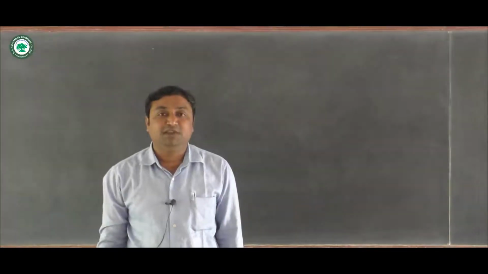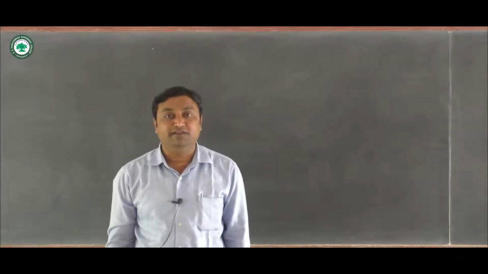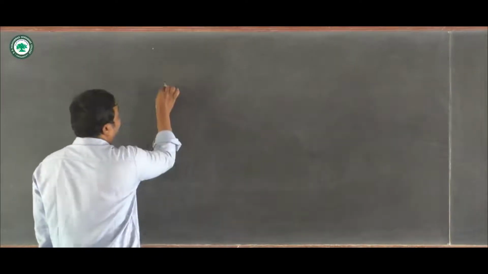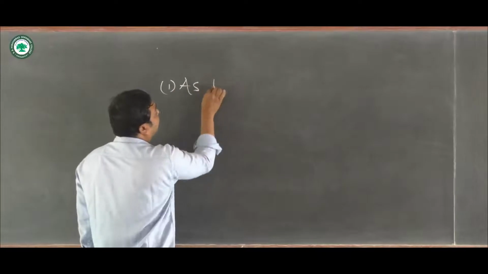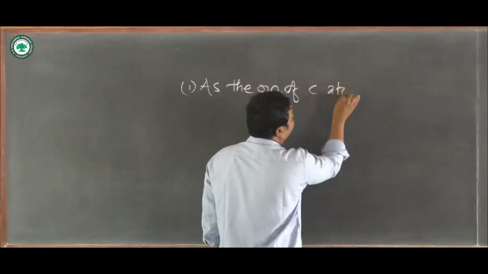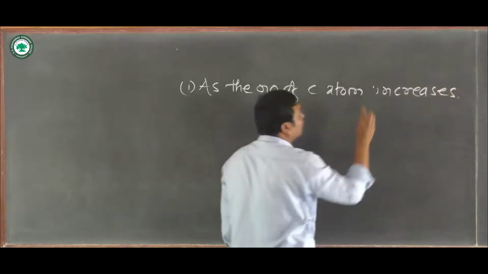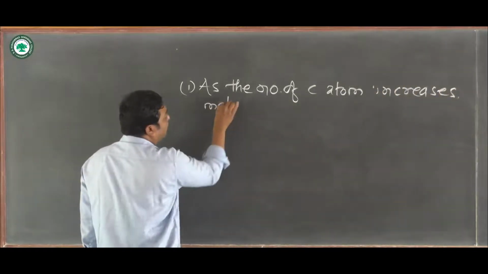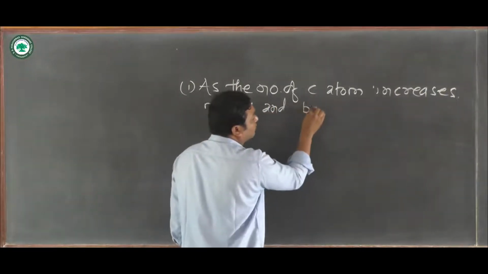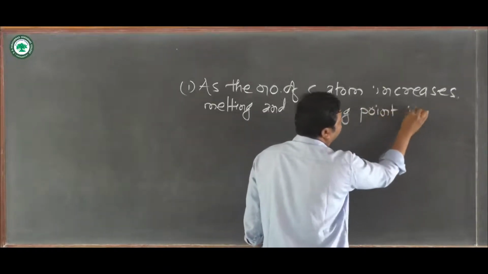We know that the first property of alcohol is that as the number of carbon atoms increases, its melting and boiling point increases.